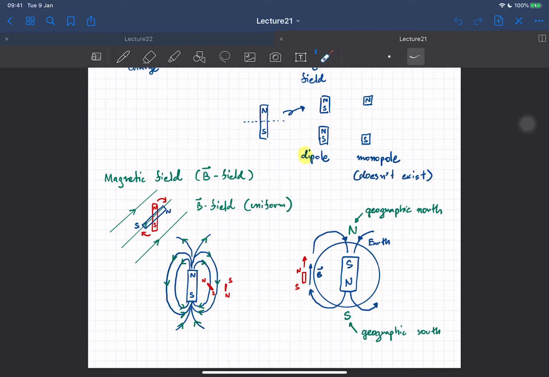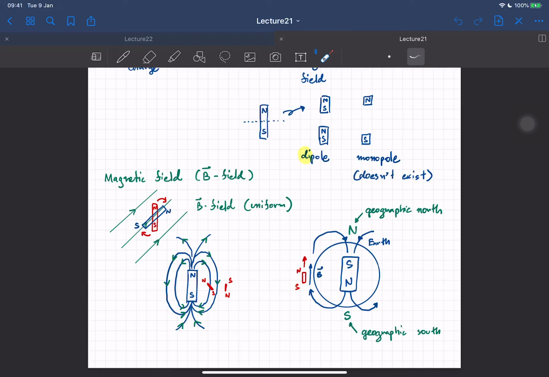Okay, so if you have a field which is uniform, let's say in this case going in this direction, where uniform means the direction and the magnitude are the same everywhere, the magnet will try to align such that the south to north direction aligns with the direction of the magnetic field.